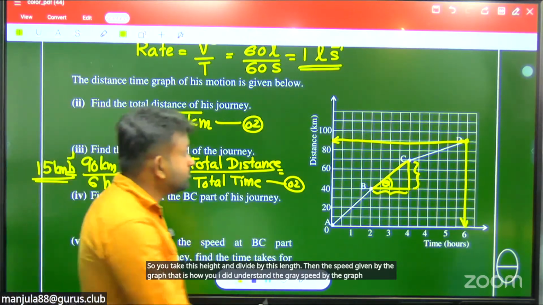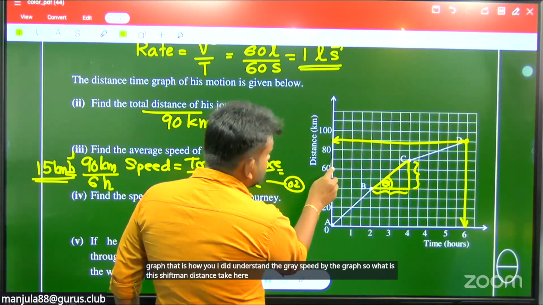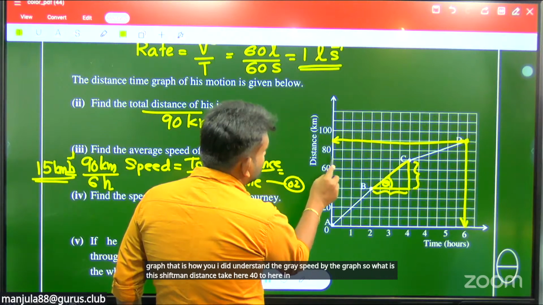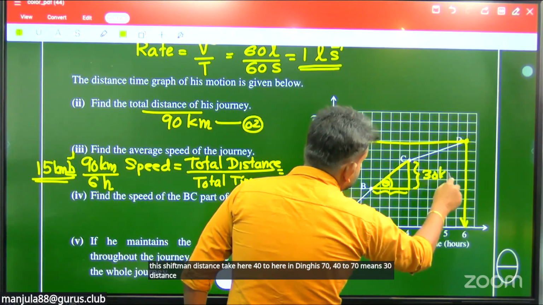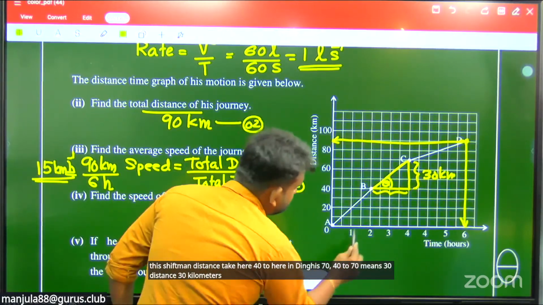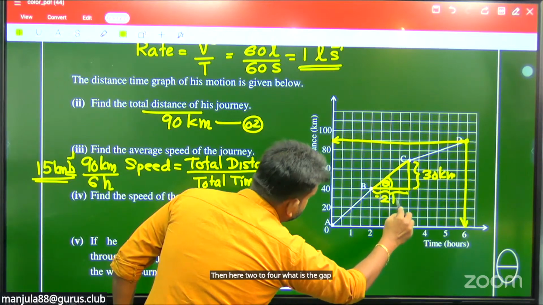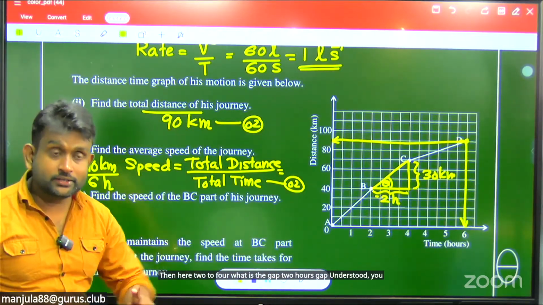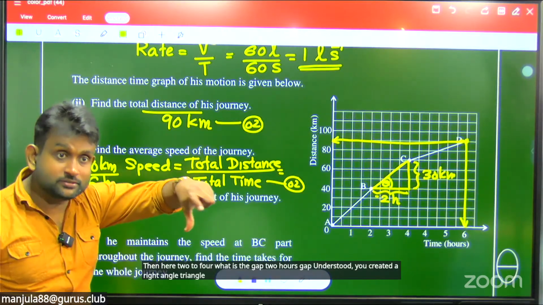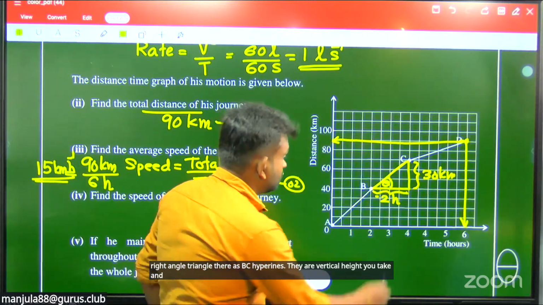So what is this distance moved? Take here 40 to here, the ending, 70. 40 to 70 means 30 kilometers distance. Right. Then here 2 to 4, what is the gap? 2 hours gap. Understood? You create a right angle triangle there with BC as the hypotenuse. You take the vertical height and divide by the horizontal length.